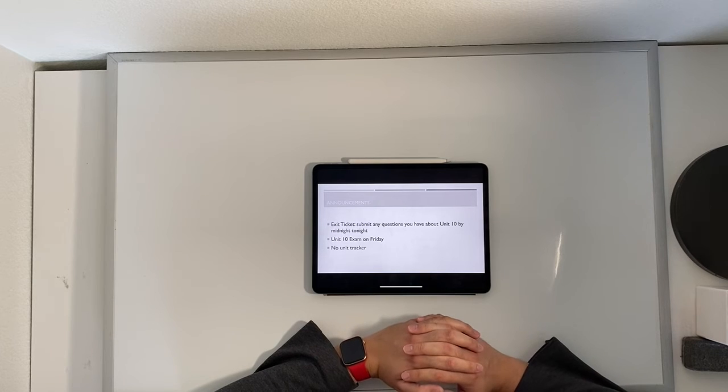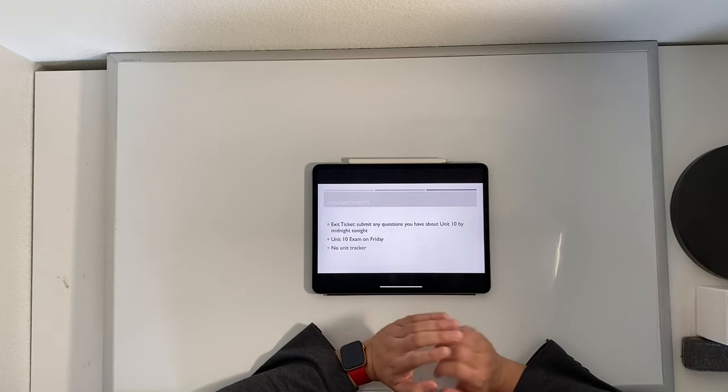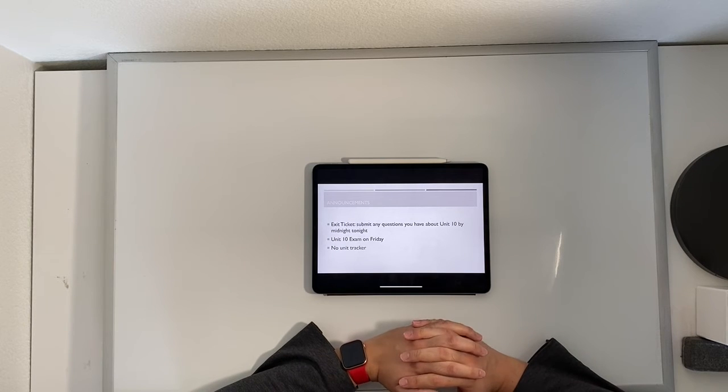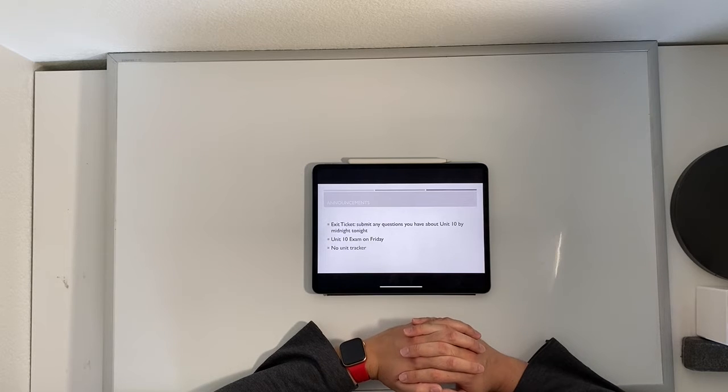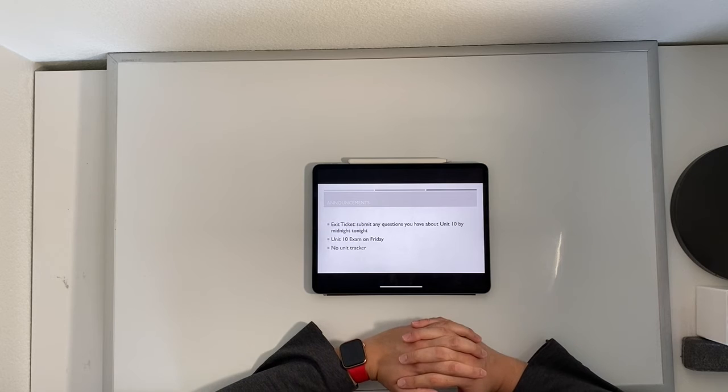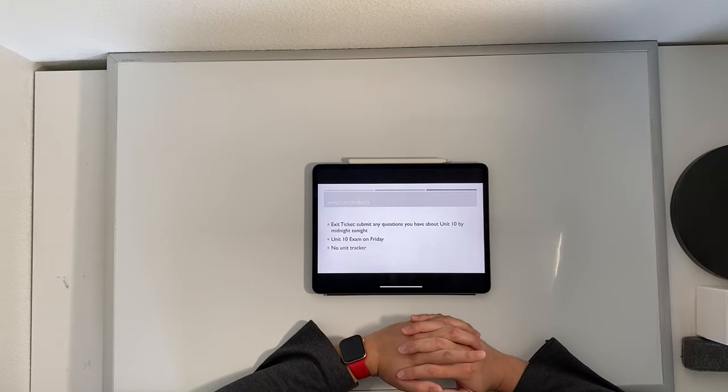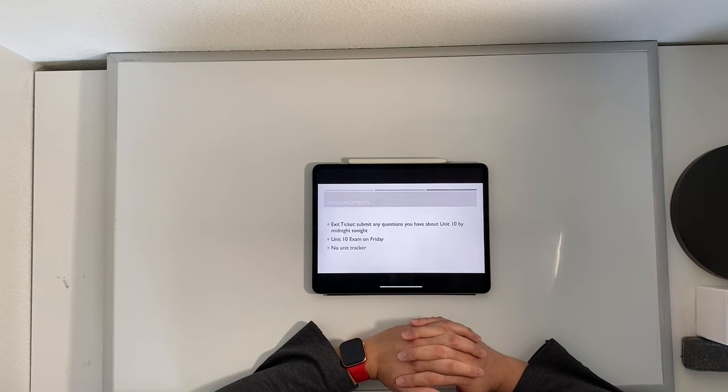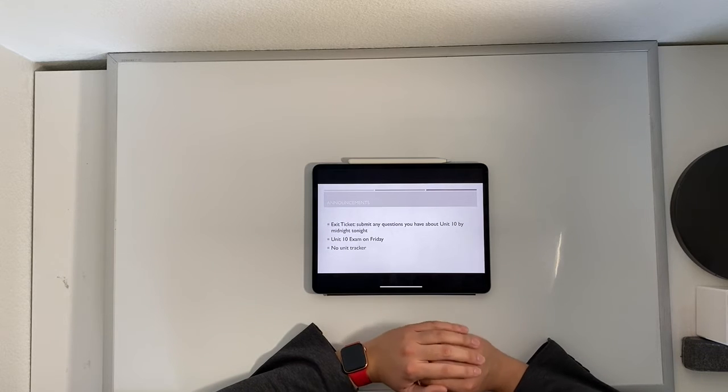Today's exit ticket asks you to submit any questions you have about Unit 10 overall. That's, as always, due by midnight tonight. This Unit 10 exam will be this Friday. Yes, it will be digital, through Google Form, so I'll share more about that format later on. There is no unit tracker due with this unit exam, just to clarify.